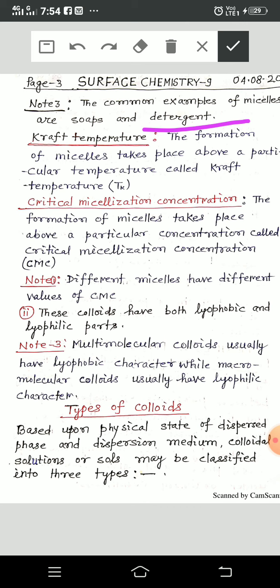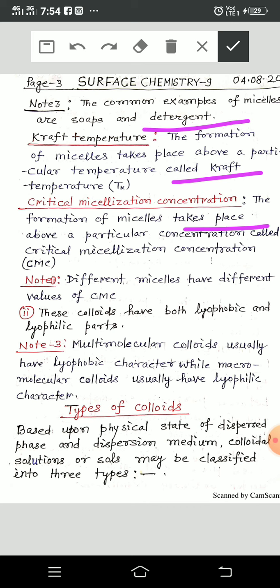Kraft temperature. The formation of micelles takes place above a particular temperature called Kraft temperature. Critical micellization concentration. The formation of micelles takes place above a particular concentration called critical micellization concentration.